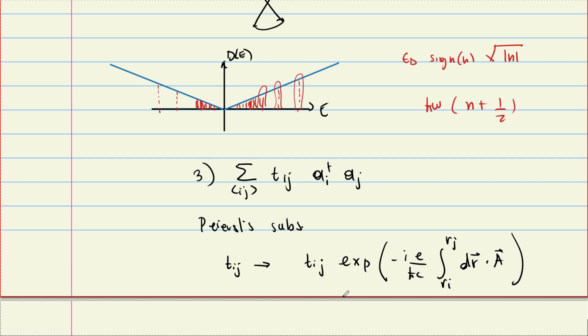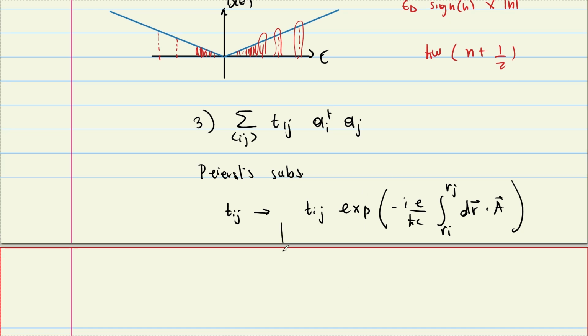And this is going to give us the Hofstadter butterfly. But the calculation we did in this course is much more economical, and it is directly helpful to see the experiment.